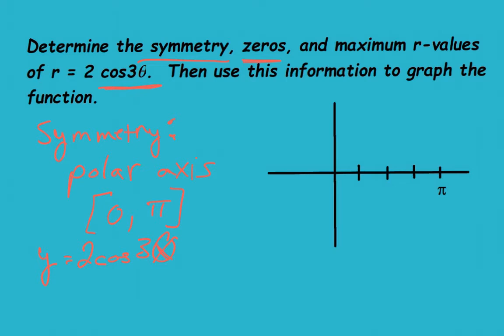So we're going to graph it first on an xy coordinate plane over here on the side, and then we'll graph it on a polar coordinate plane. So your max value, because cosine of 0 is typically a 1, so it's going to be a 2 because we multiply it out.